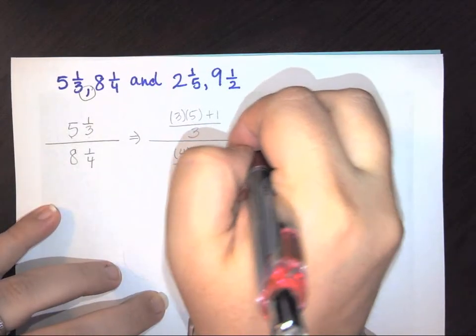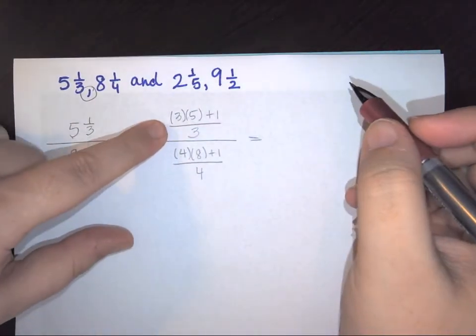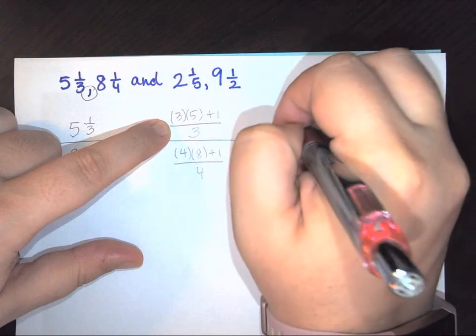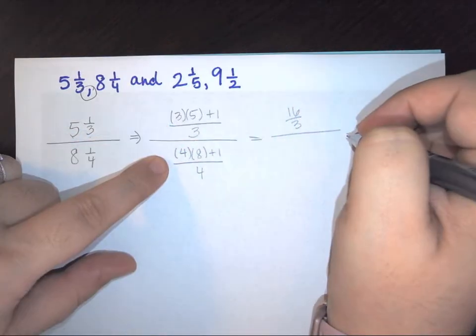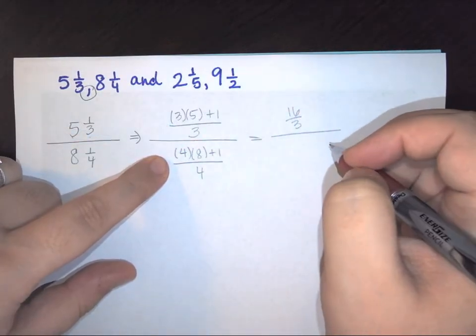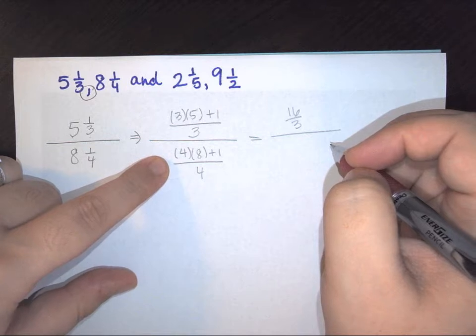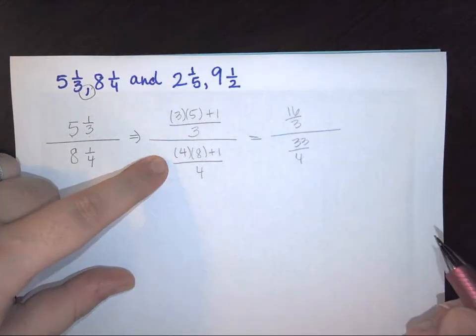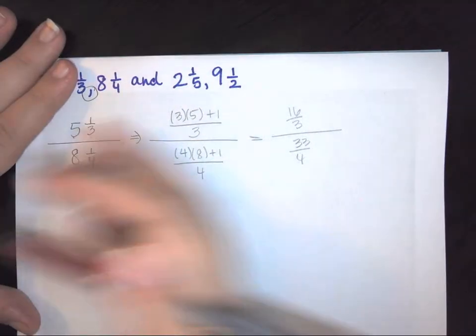So let's go ahead and reduce that. So we have 3 times 5 is 15 plus 1 is 16. So this is 16 over 3. And then 8 times 4 is 32 plus 1 gives you 33 over 4. And then you need to remember your fraction rules.